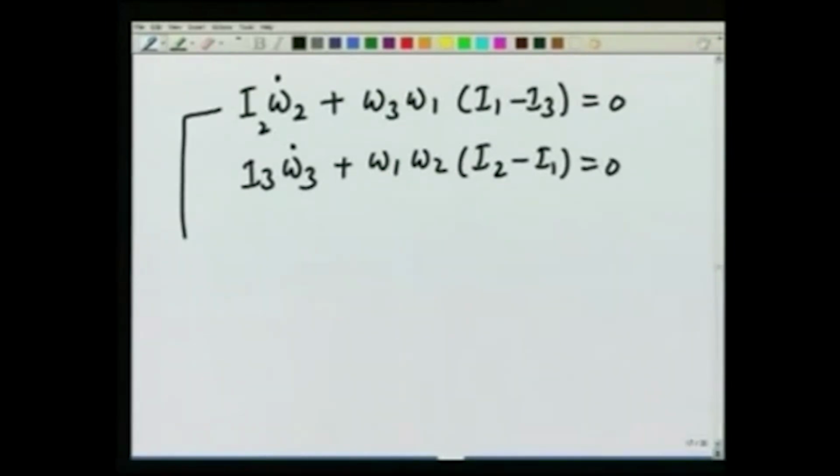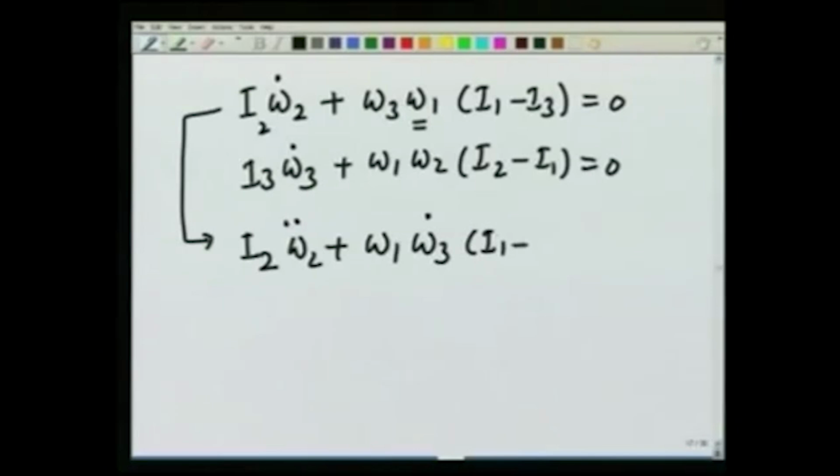Let us differentiate this once more so that we write this entire equation in terms of omega 2 alone. I would have I2 omega 2 double dot plus omega 1, which is already shown to be a constant, omega 1 omega 3 dot (I1 minus I3) is equal to 0. This is equation number 2, this is equation number 3.